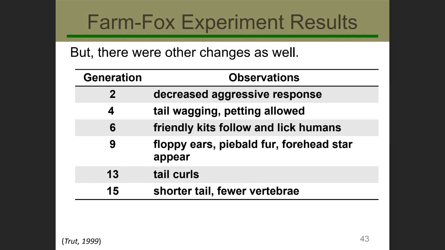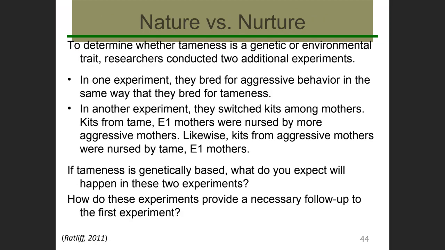I have a guinea pig with a forehead star. They also ended up with their tails curling up, and short vertebrae. He wasn't selecting for these things, but they just came along for the ride. You pick a change in one thing, and some of their hormone levels were changing, and that affects behavior. It's more puppy-like or kit-like behavior into adulthood. But those hormones can change other things as well, and genes that are linked to those hormones were changing.